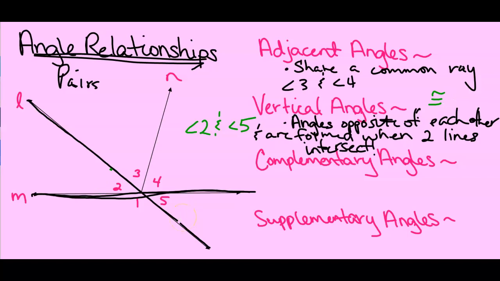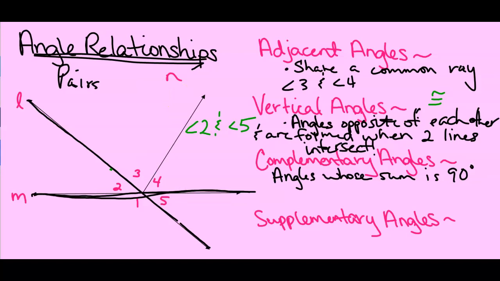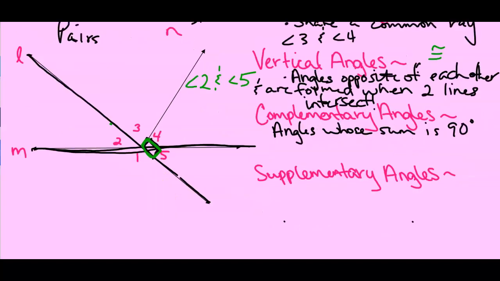Complementary angles are angles whose measures add up to 90 degrees. For example, I could identify this right here as a 90 degree angle, which we identify by a little box. Once we see that, we can see that the two angles that add up to that 90 degrees are angle 4 and angle 5.